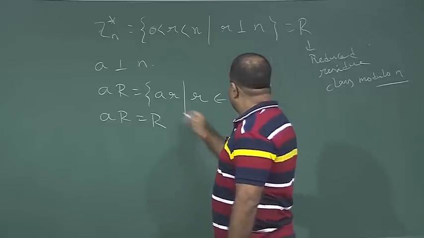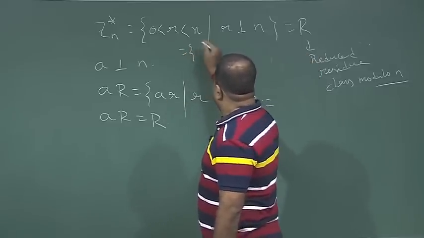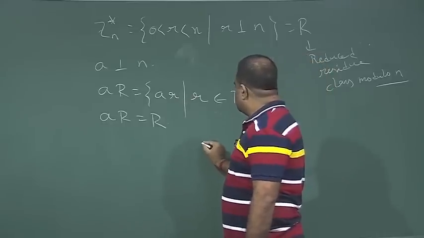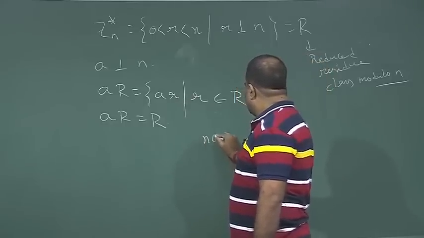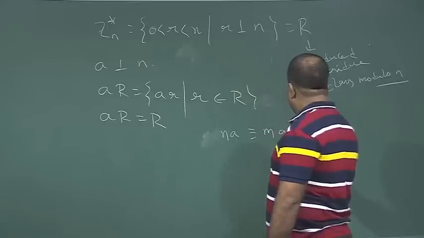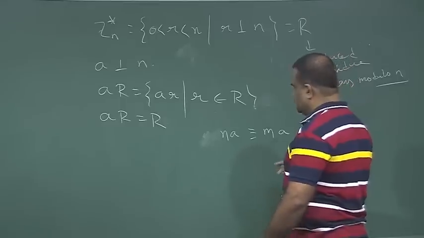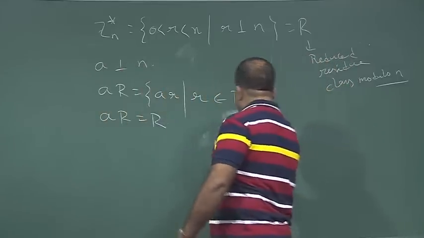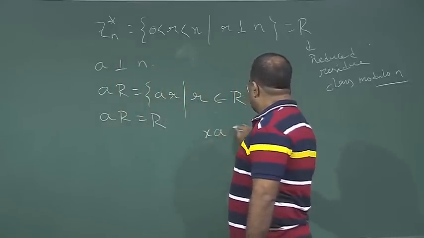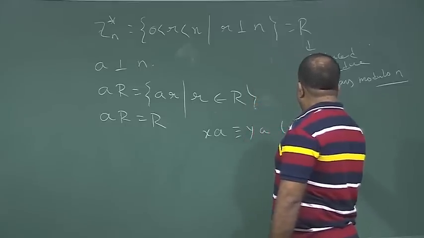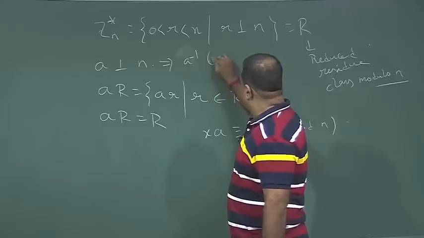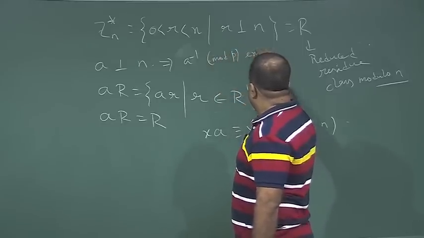If you take any two elements from this set, say x and y, and x a is congruent to y a mod n, then since a is co-prime to n, a inverse exists mod n, and we can find this inverse by the extended Euclidean algorithm.